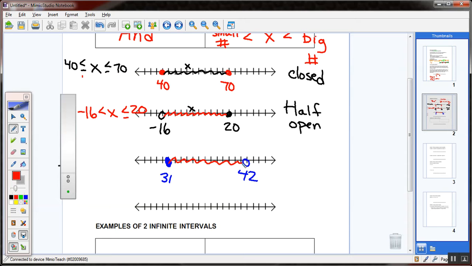All right, go ahead and write an interval for that one. And then write an interval for that one.